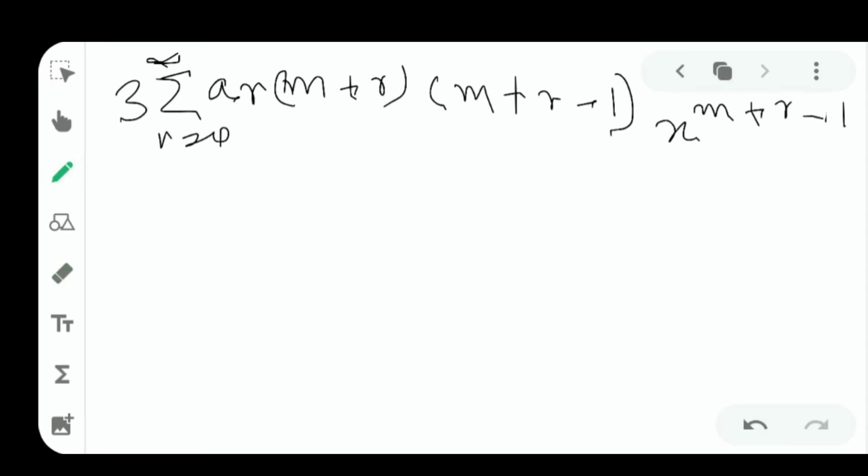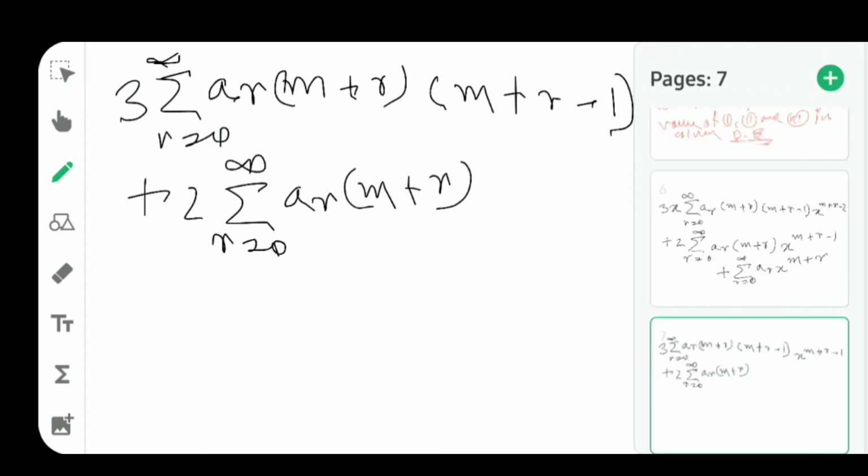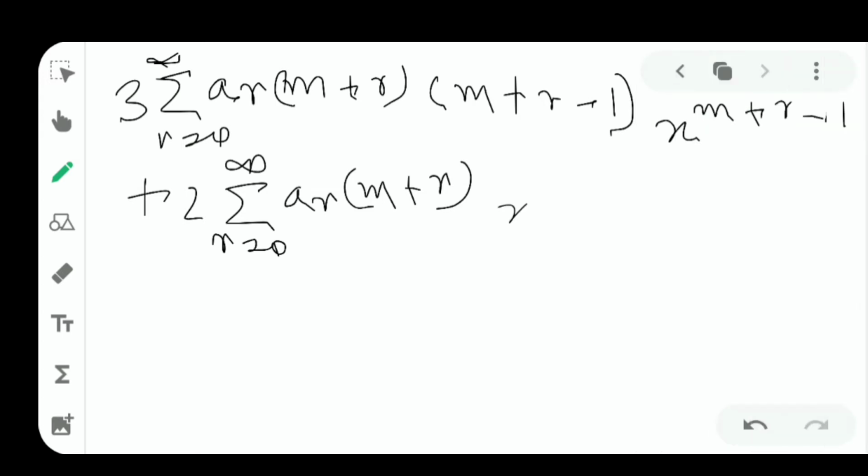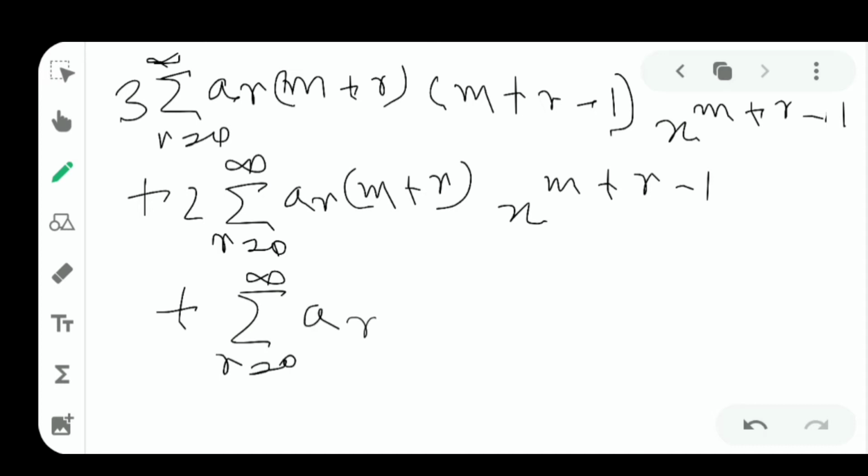And plus 2 summation r equals 0 to infinity of a_r (m plus r) x to the power m plus r minus 1, plus summation r equals 0 to infinity of a_r x to the power m plus r.